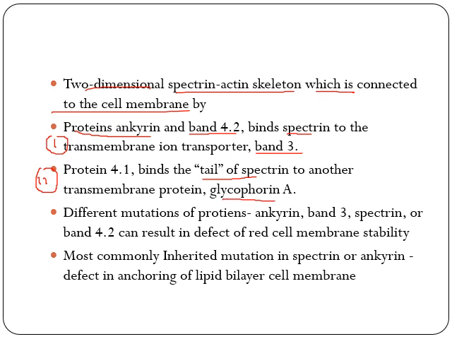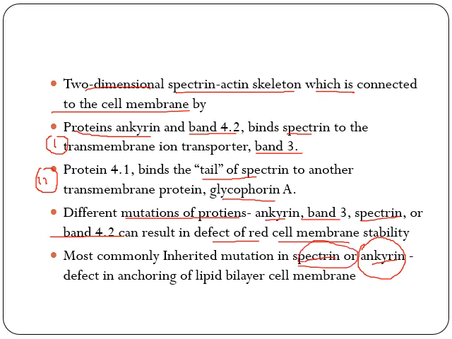So different mutations of proteins like ankyrin, band 3, spectrin or band 4.2 can result in a defect of the stability of the red cell membrane. And talking about the most commonly affected mutations, they are spectrin or ankyrin, but always remember ankyrin is the most common mutation and the mutation which determines severity is spectrin.